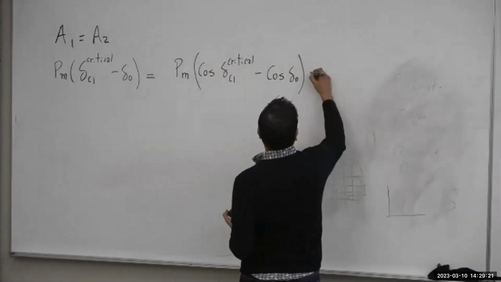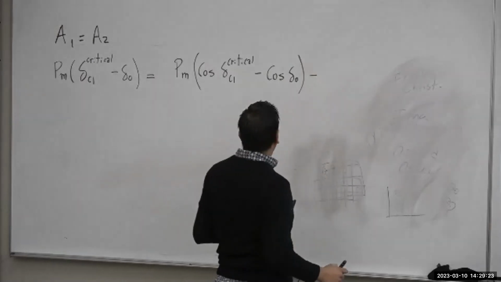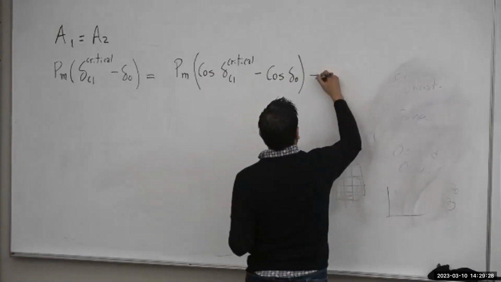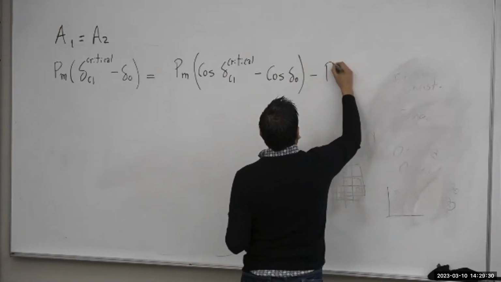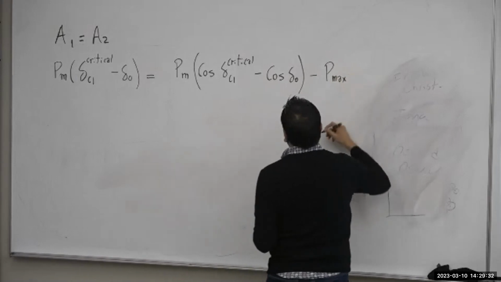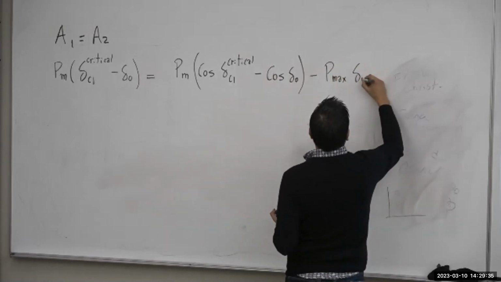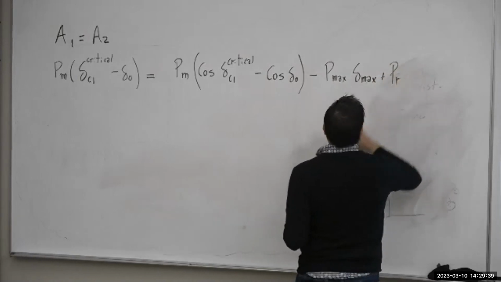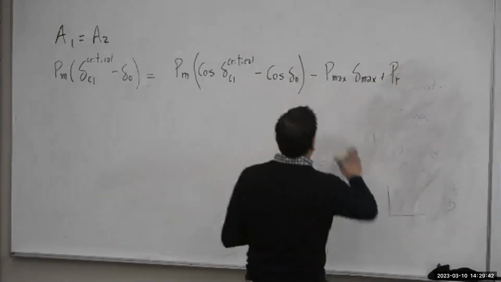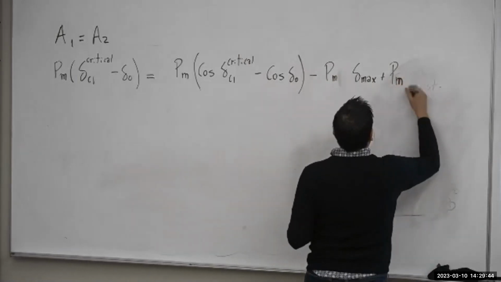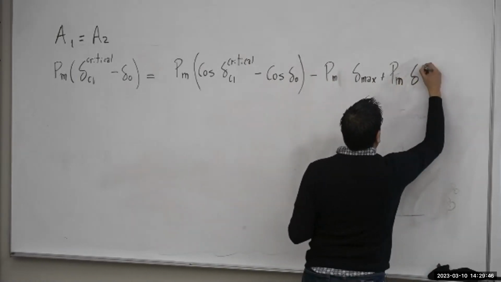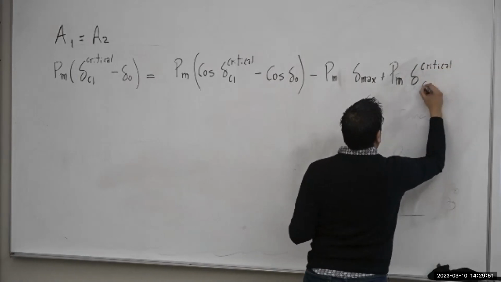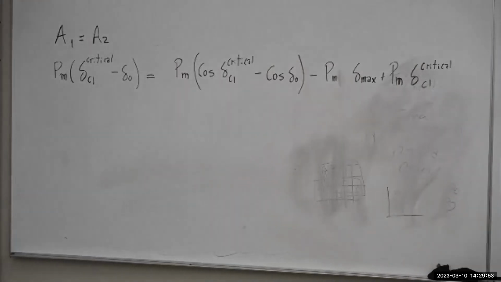And the last one, which is the constant term. So the constant term will be P max multiplied by delta max plus this PM, not P max, PM, and the other is PM delta critical clearing angle. Let me check.